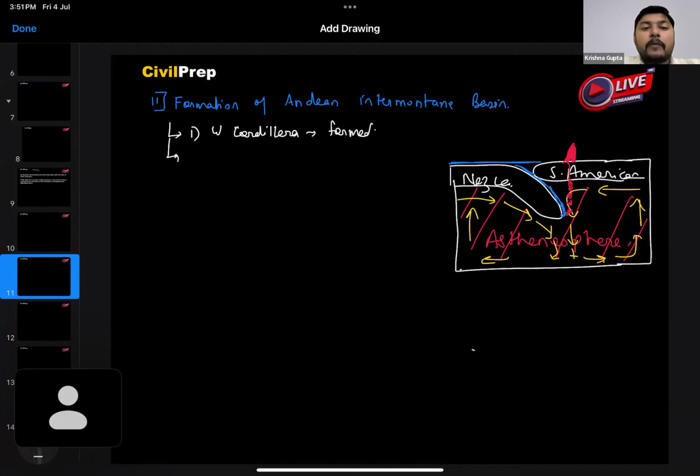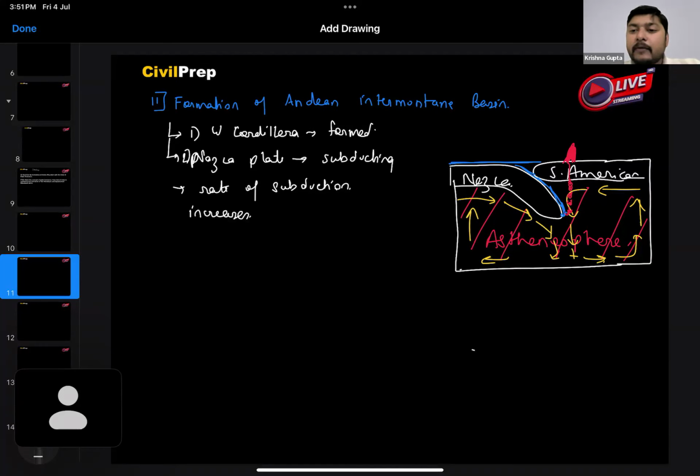Now, number two, the Nazca plate, which is subducting, its rate of subduction increases.